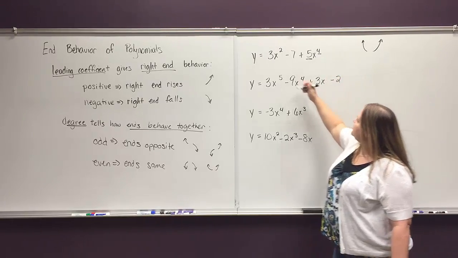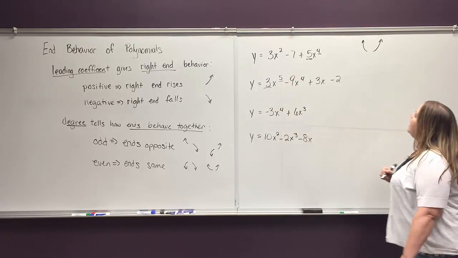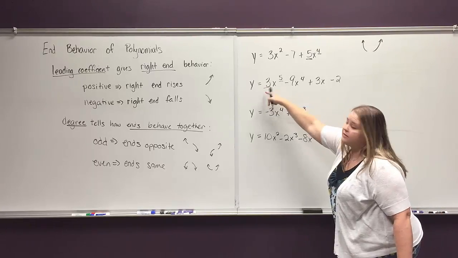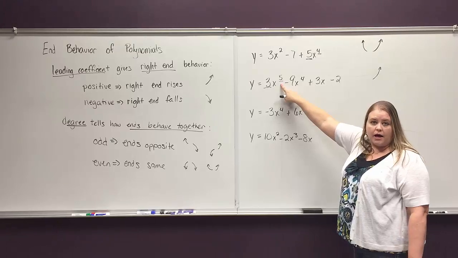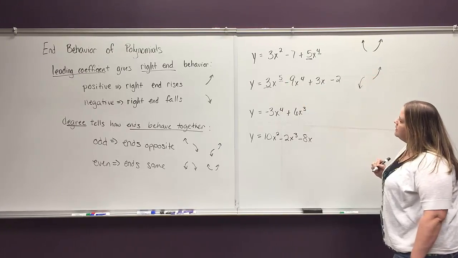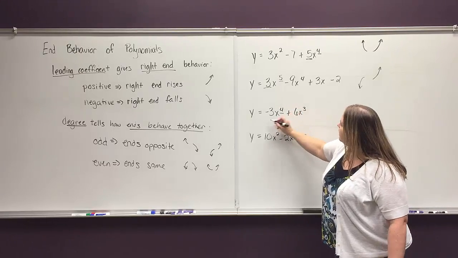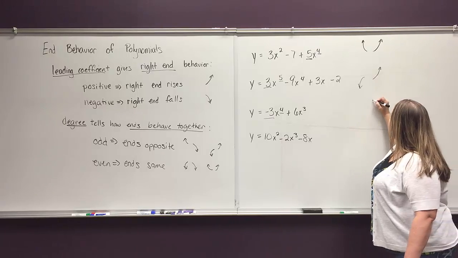Here, my degree is 5. My leading coefficient is 3. Again, my leading coefficient is positive, which means my right end rises. This time my degree is odd, which tells me the left end has to do the opposite, so it has to fall. Here, my degree is 4. My leading coefficient is negative 3. Negative for a leading coefficient tells me my right end falls.